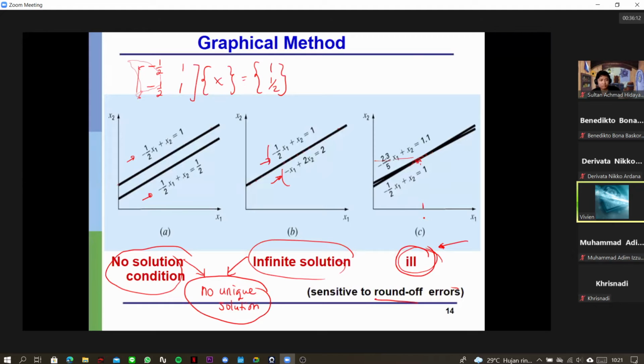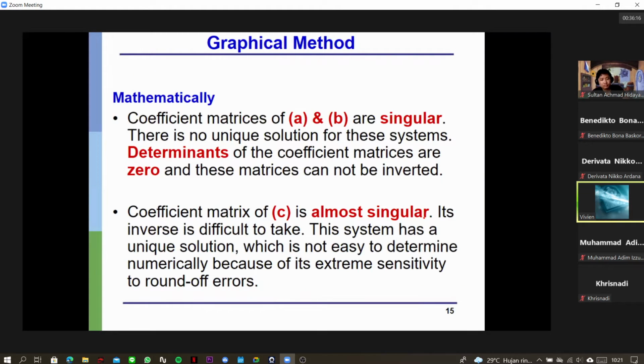Okay, if we see it mathematically, matrix A here is called singular, so there will be no unique solution. If we try to calculate the determinant, the determinant of this coefficient matrix is 0, and we cannot get the inverse of this matrix. There will be no inverse of matrix A here.